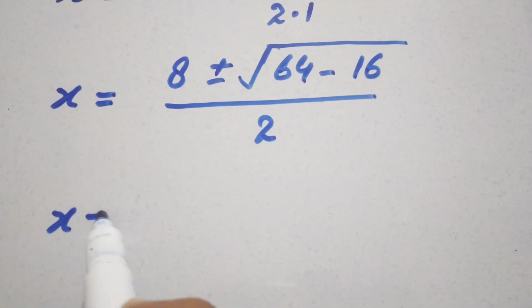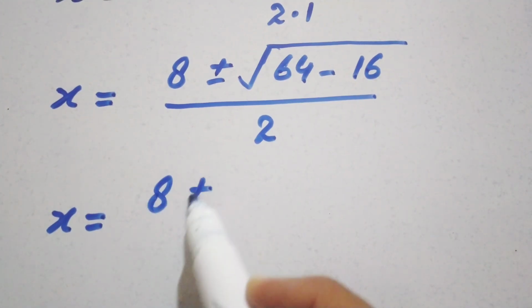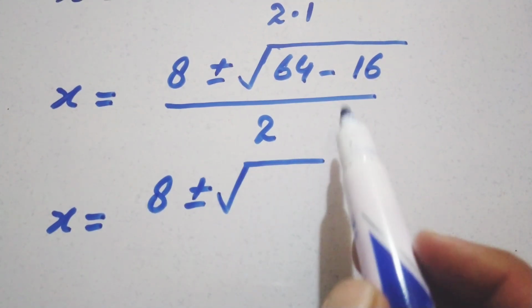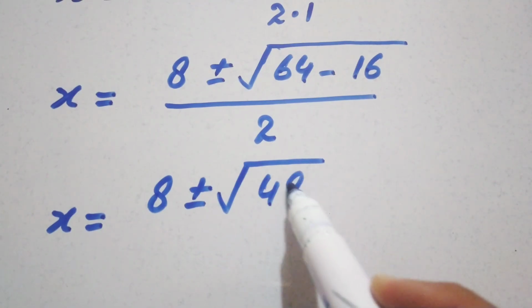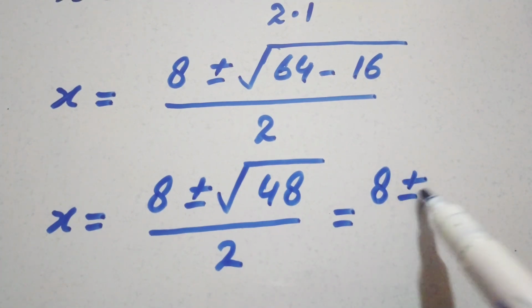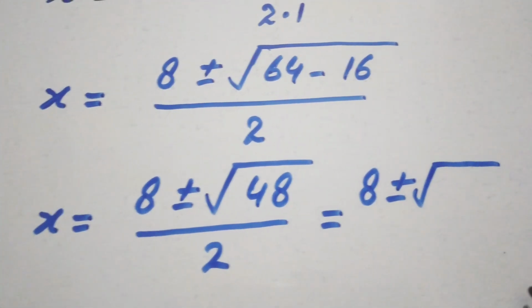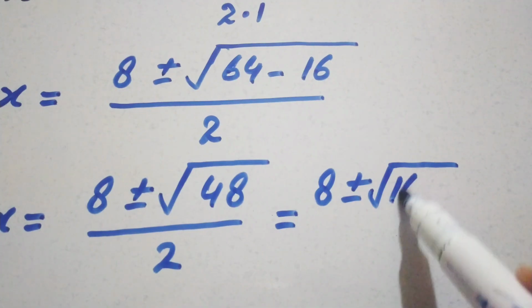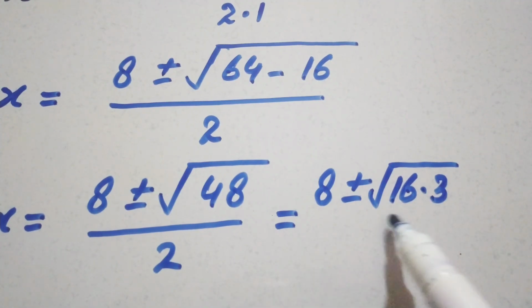Now x is equal to 8 plus minus square root of 64 minus 16, we get 48, divided by 2. And now we can write this as 8 plus minus square root of 48, this is 16 multiplied by 3, divided by 2.